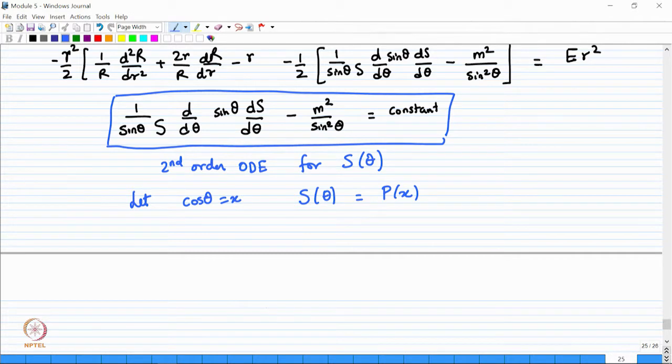what you will get is a differential equation that has this form: 1 minus x square, times p double prime of x (double prime means second derivative with respect to x), minus 2 x p prime of x, and let me call this constant minus beta.